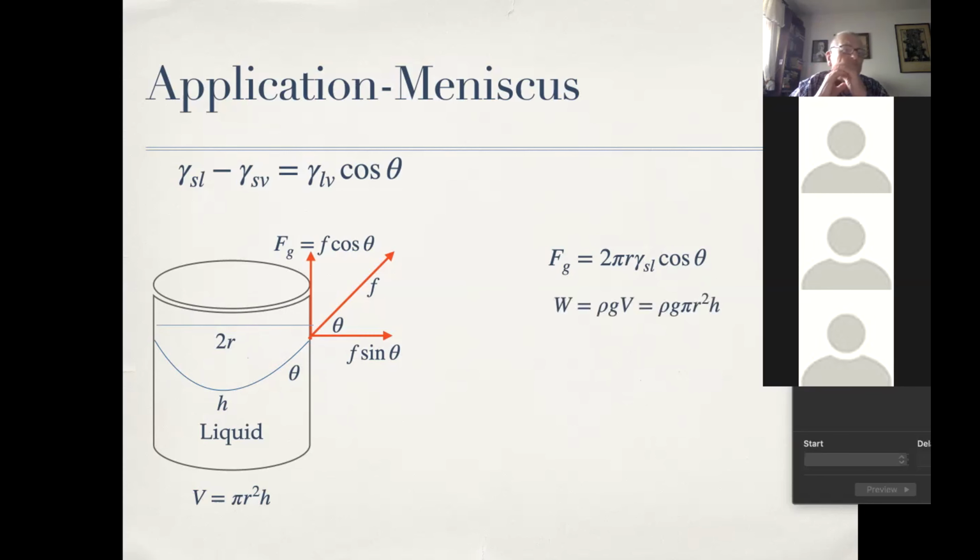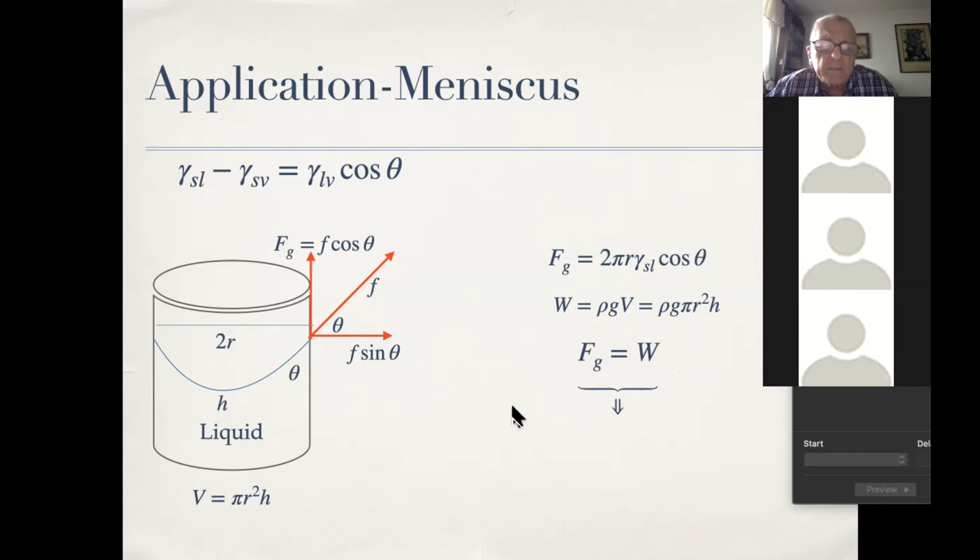And the weight of the liquid is the volume of the liquid times density times the gravitational acceleration, so it is easy to see that this is rho times g times pi times r squared times h. Therefore, at equilibrium, the force by surface tension, pulling the liquid up the container, and its weight, which pulls it down, must be equal.